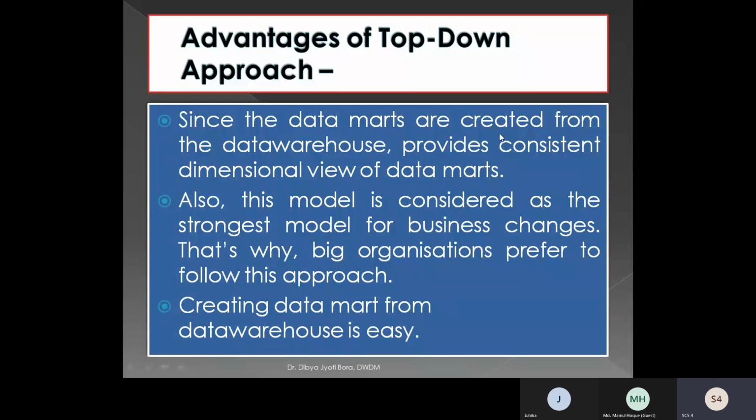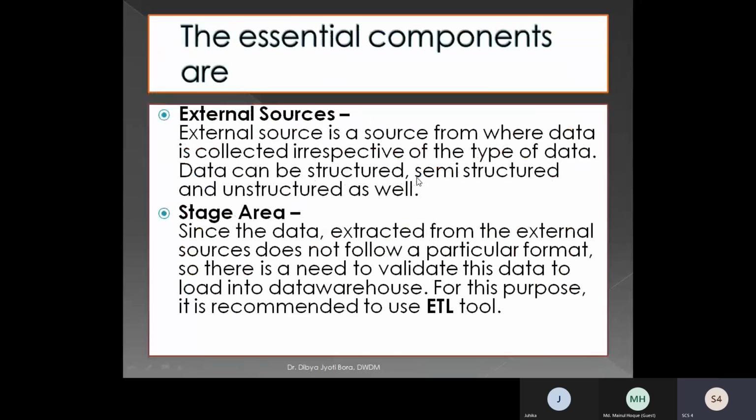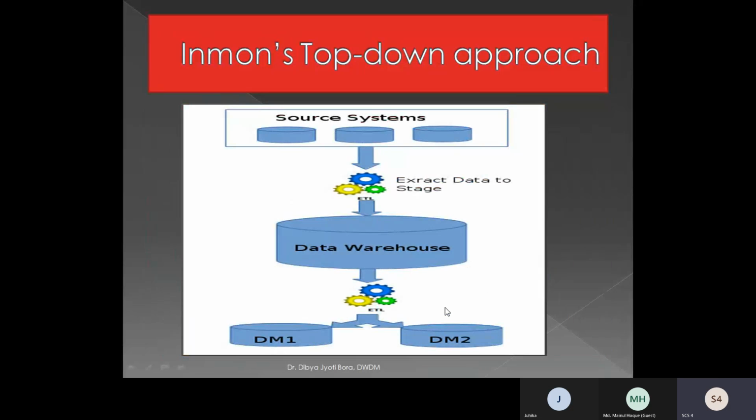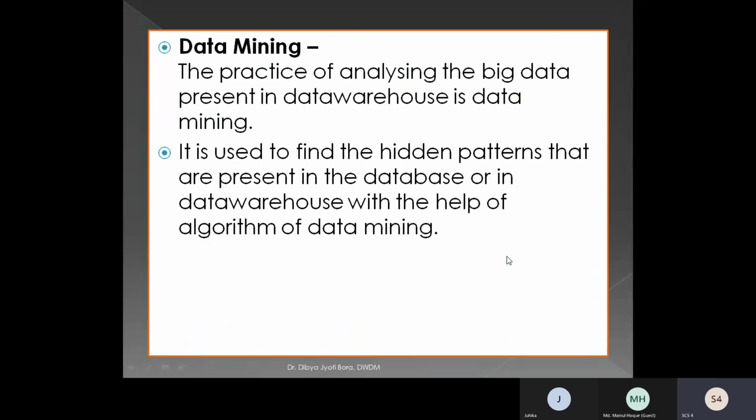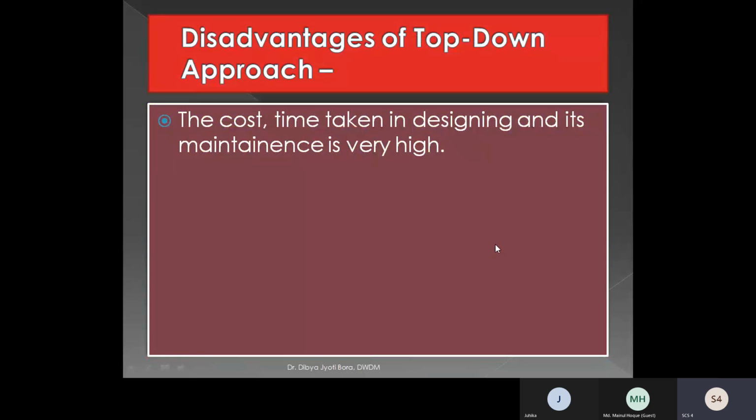That cost is in terms of time; the time complexity will be increased, because you are putting in extra effort. So the only disadvantage you can put is that the cost, time taken in designing and its maintenance is high. That is our top-down approach.